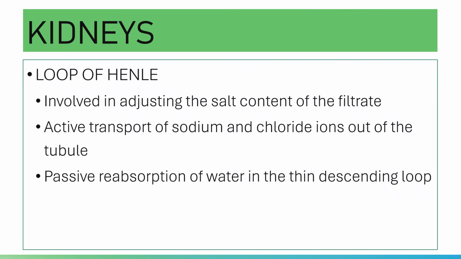Water, or the solvent, will move to the area of higher concentration to maintain balance. Since there is a hyperosmotic interstitium, this will cause water to be withdrawn passively from the descending part of the loop, thereby concentrating the filtrate.